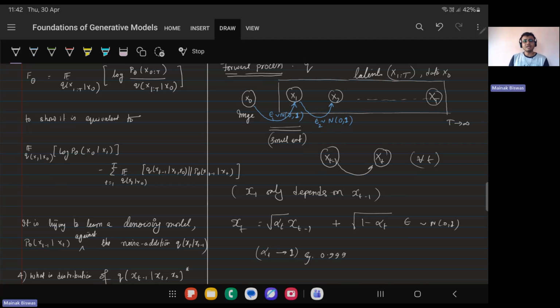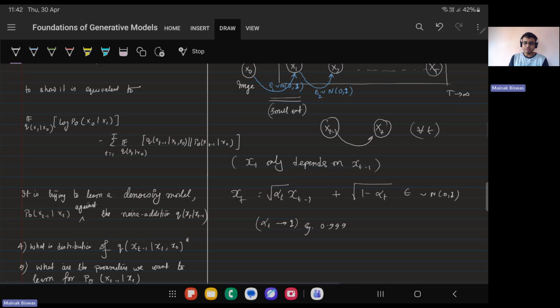Right? So what does it mean? Now you can clearly see, you can tell me if you take the expected value of xt, what will you get? You'll get the expected value of root alpha t xt minus 1 plus root 1 minus alpha t epsilon, where epsilon is normal 0-1, and I'm telling you that xt minus 1 is given to me.